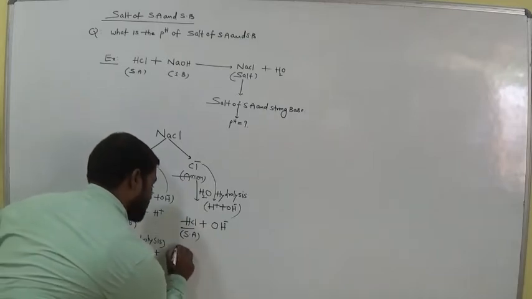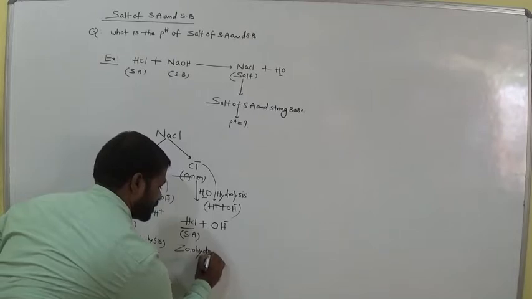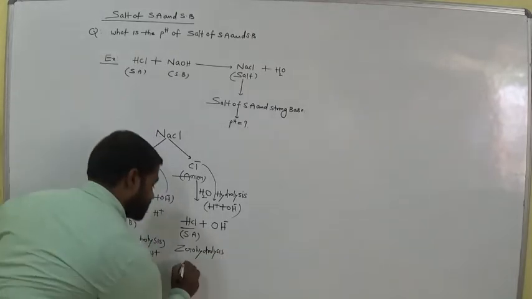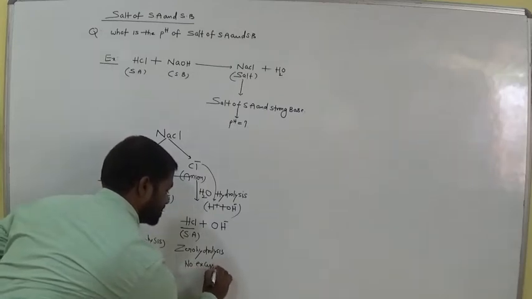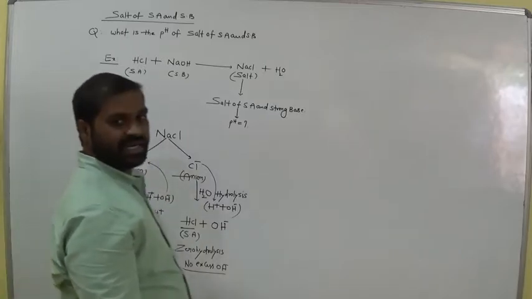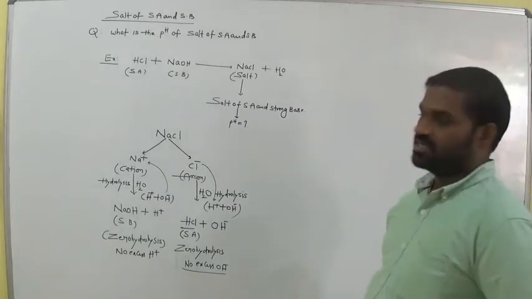So no hydrolysis, that means zero hydrolysis in this case. Clear? That means no excess OH minus we consider. The solution doesn't consist of excess H plus or OH minus.